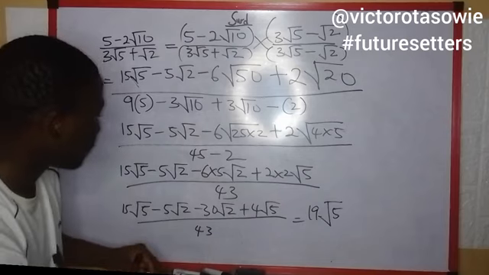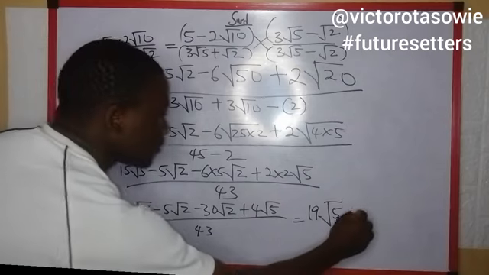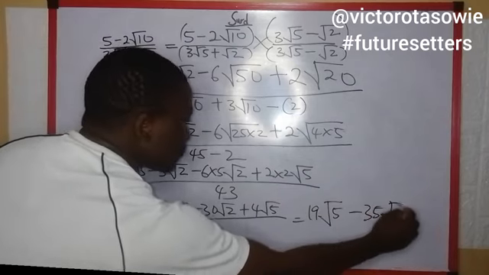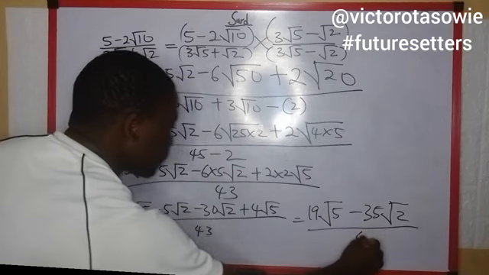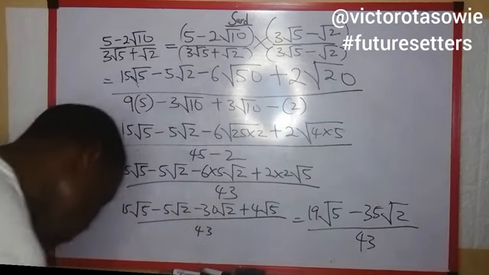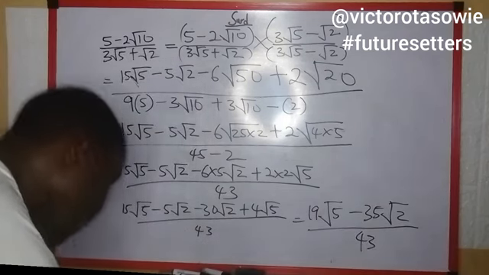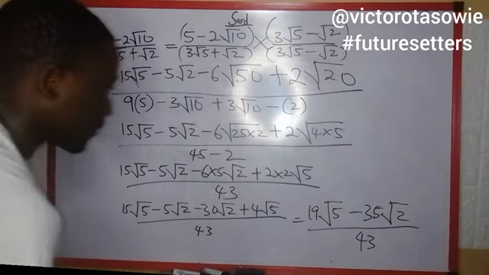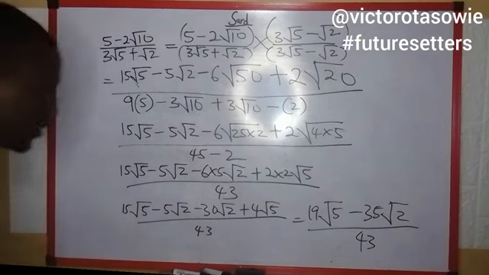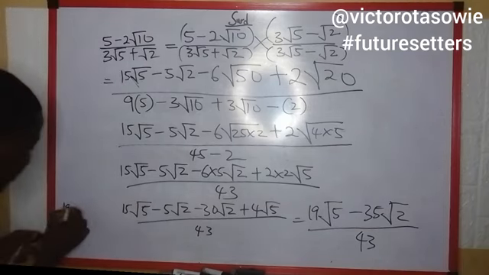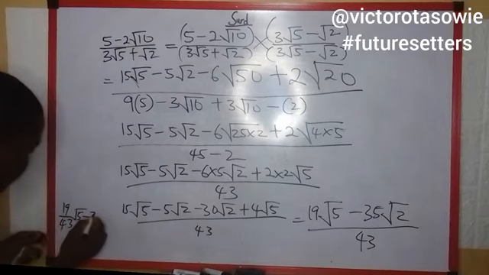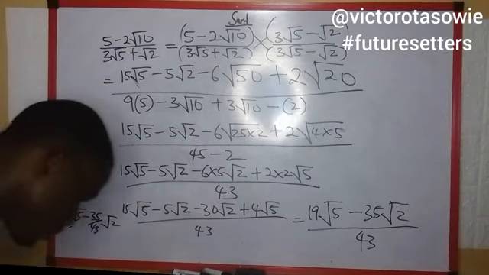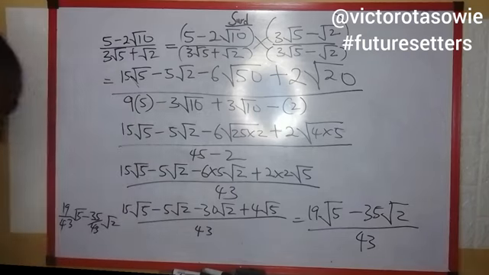Now minus 5 minus 30, minus 35 root 2 over 43. All right, so that's the answer. We can still separate it to give us 19 over 43 root 5 minus 35 over 43 root 2. And that's our final answer.